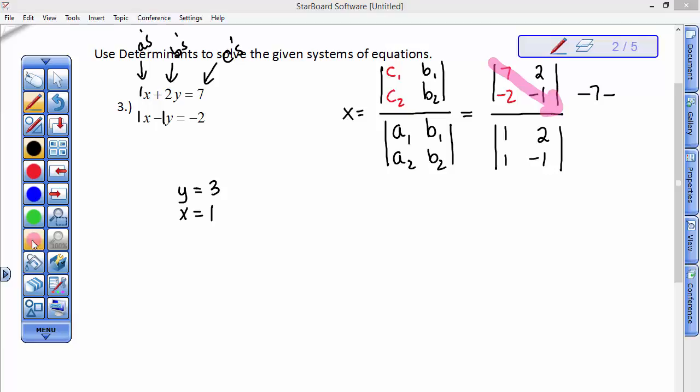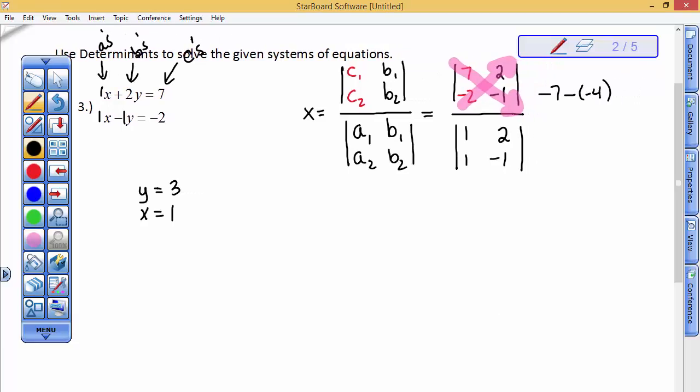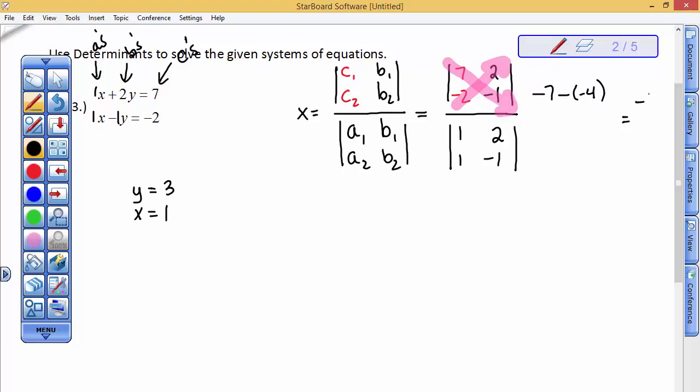So when I take a -7 and subtract a -4, I add 4, so I get a -3 in my numerator. Downstairs, this product is a -1, and then I'm going to subtract this product, which is a +2, subtract 2, and when I divide by a -3, I find out that x is equal to a -3 divided by a -3, which is a +1.